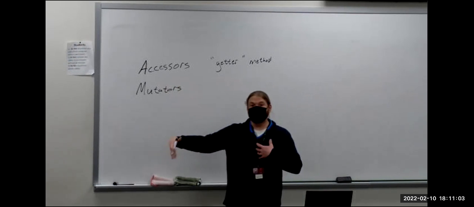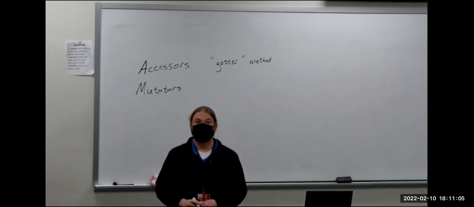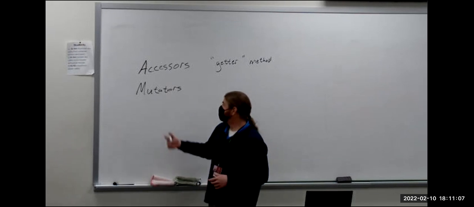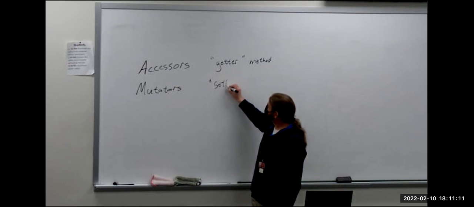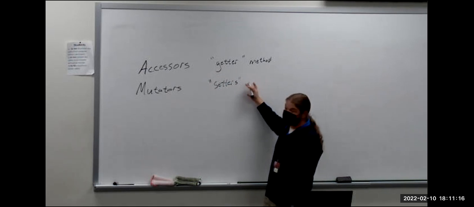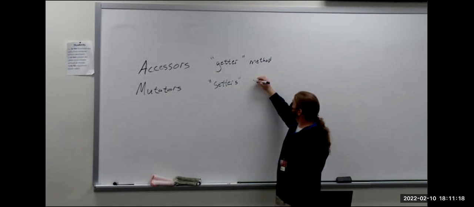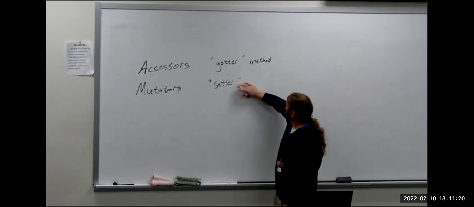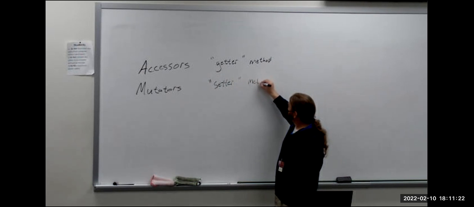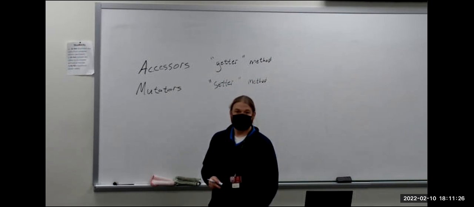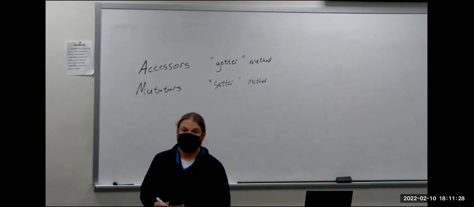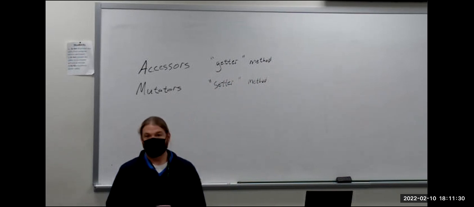We want to mutate or alter the value in that data field. We're going to change it, or we're going to set it. So the common word that we use when talking to other programmers is setter methods, which are also the names we tend to use in the code when we write those methods.